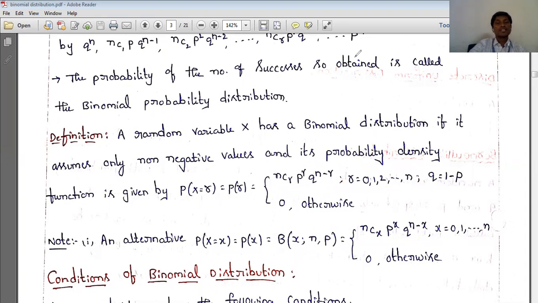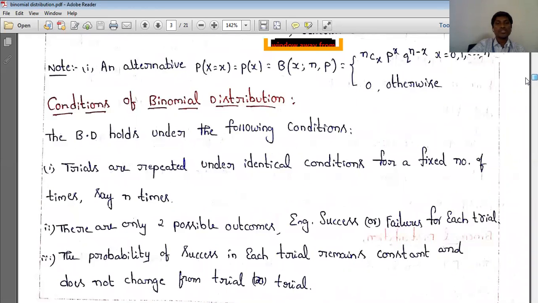Next, conditions of binomial distribution. For applying binomial distribution, are there any conditions? Trials are repeated under identical conditions for a fixed number of times.